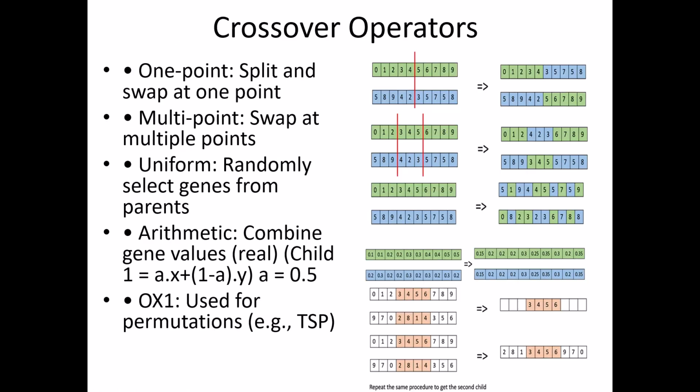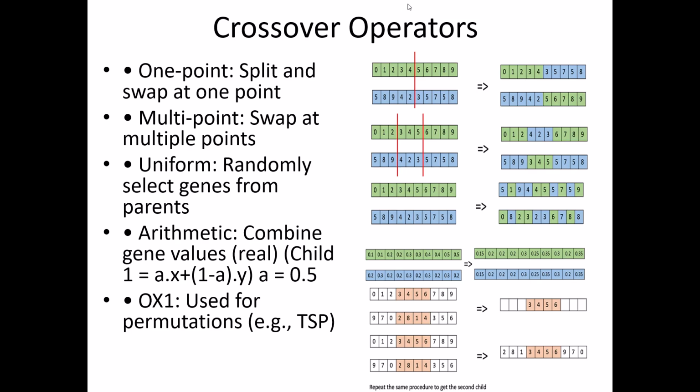In tournament selection, we have a team, and from that team we choose the best winner through competition, and that best winner is called the parent. So this one is tournament selection.